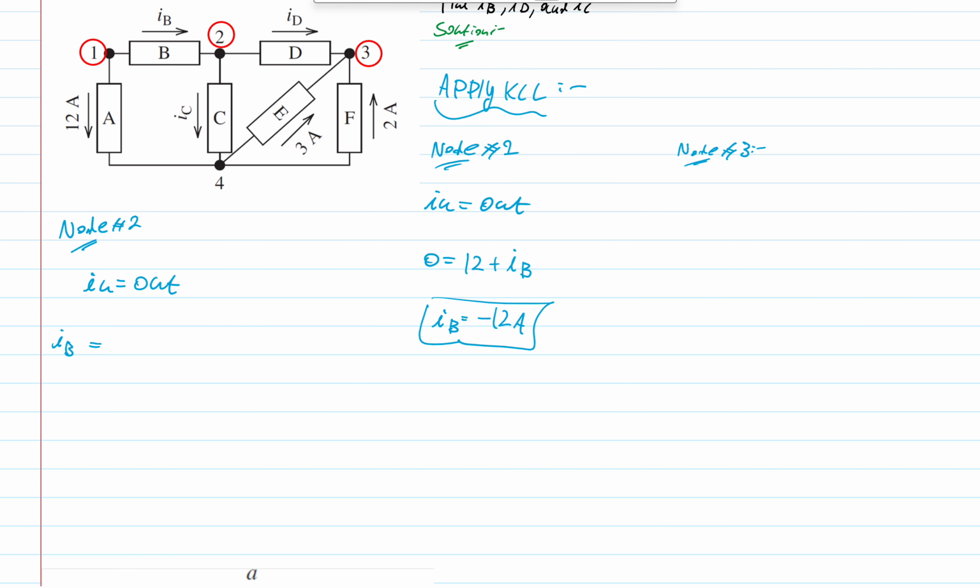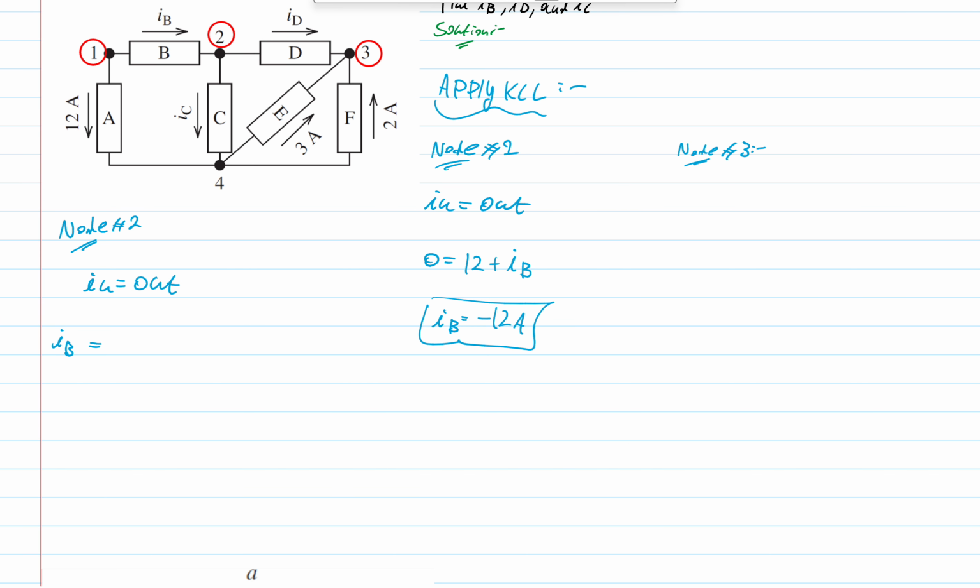Now, if the current is flowing from negative to positive, therefore it's going to become positive. All right.